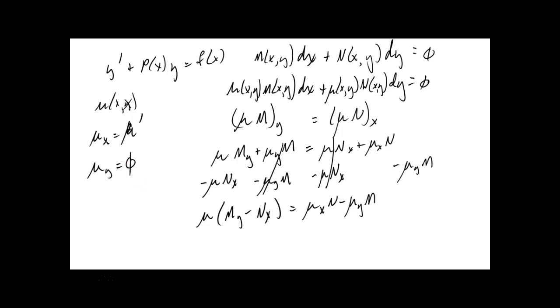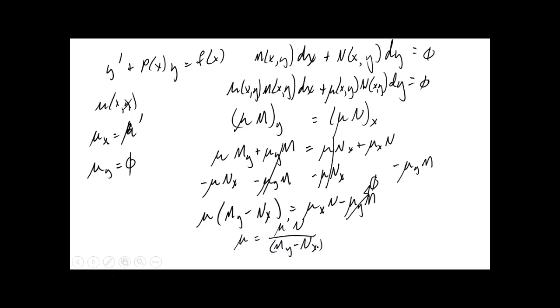That makes the left-hand side a little easier to stomach, because this goes to 0. So what we have now is mu, or I'm sorry, let's call that mu prime, times N, divided by this thing we already did, M sub y minus N sub x.